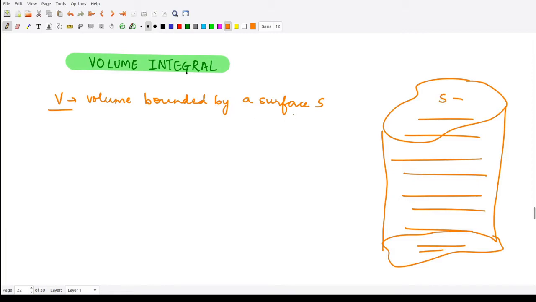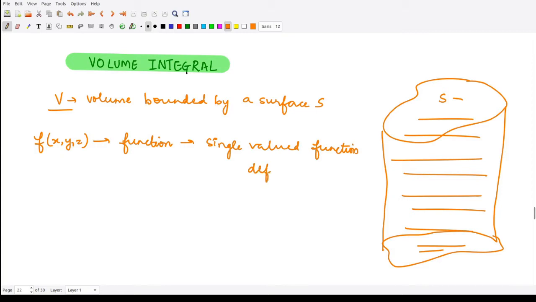right? So this is the surface, and if we denote f of x, y, z to be a single valued function defined over V. So what we do, we divide this whole volume into n parts.